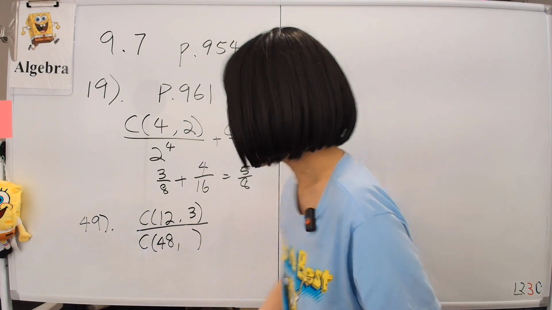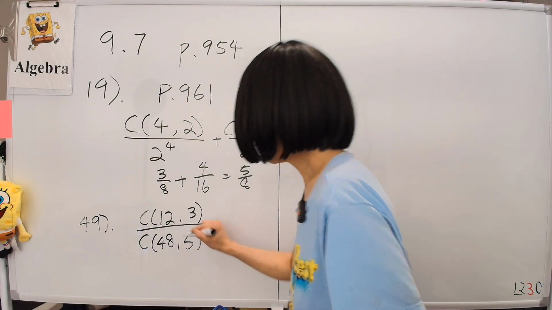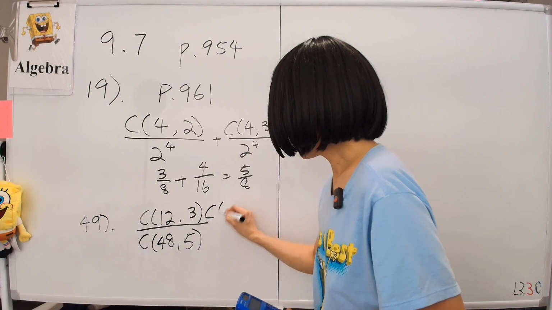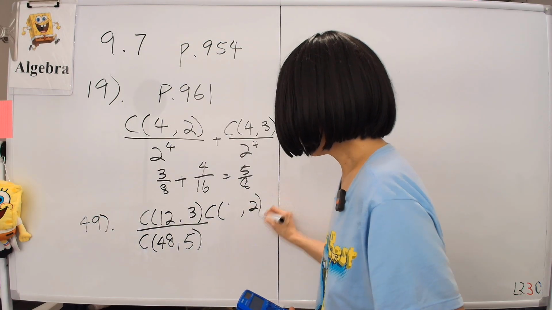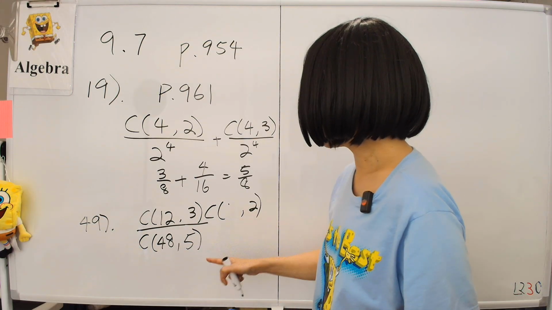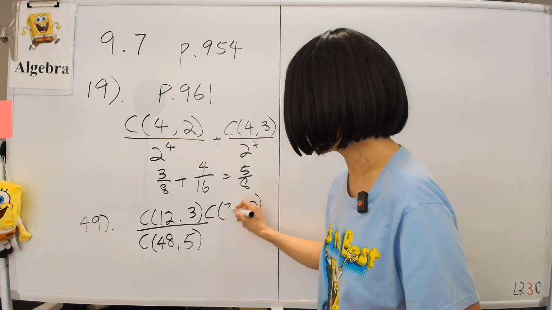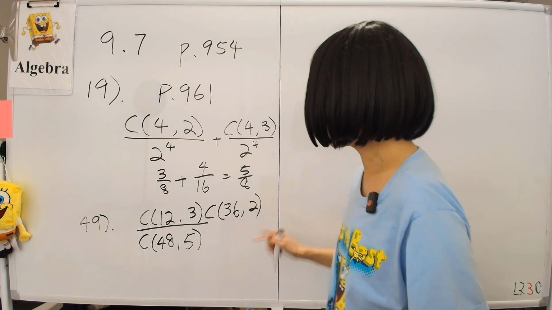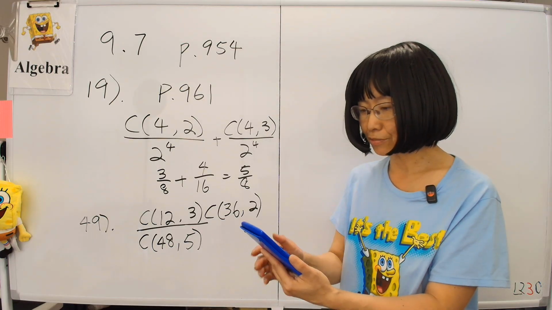So let's fix that. We have 48 choose 5, which means there's 12 choose 3, and also something else choose 2. We need to choose 2. The rest of it is not blue, so the rest will be 48 minus 12, that would be 36. So the rest comes from the rest of the candy, and we'll choose 2 of those, and that should make it better.